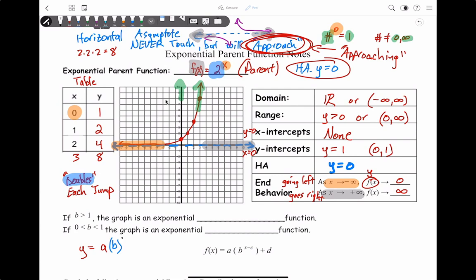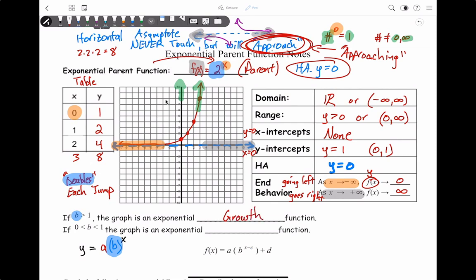If I'm talking about the b value, and this b value is bigger than 1, which our original one was, a 2, then we know that the graph is going to have growth of some kind.